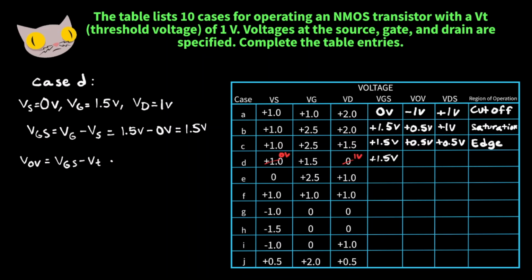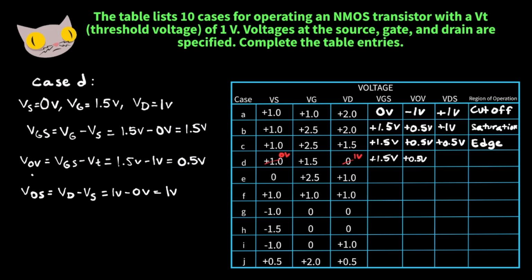Overdrive voltage, VGS minus VT, is going to be 1.5 volts minus 1 volt, giving us 0.5 volts. And now our drain to source voltage, VD minus Vs, going to be 1 volt minus 0 volts, leaving us with 1.